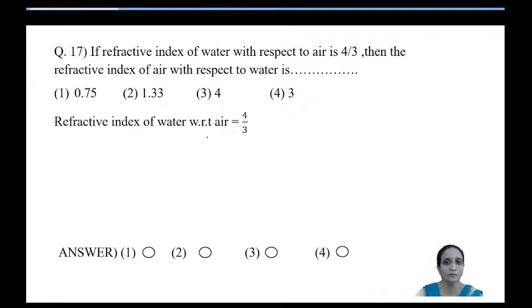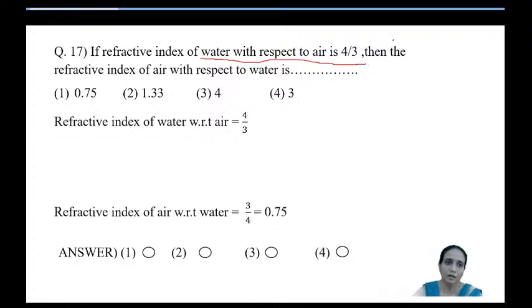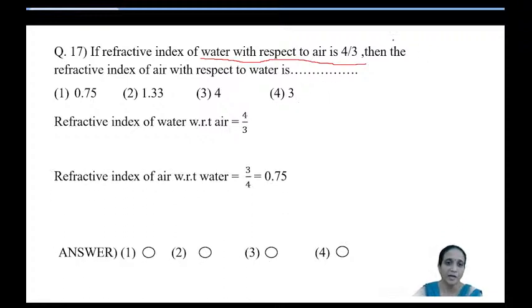This is given. Refractive index of air with respect to water will be 3/4, and you get the answer 0.75. So your first option is the correct one.